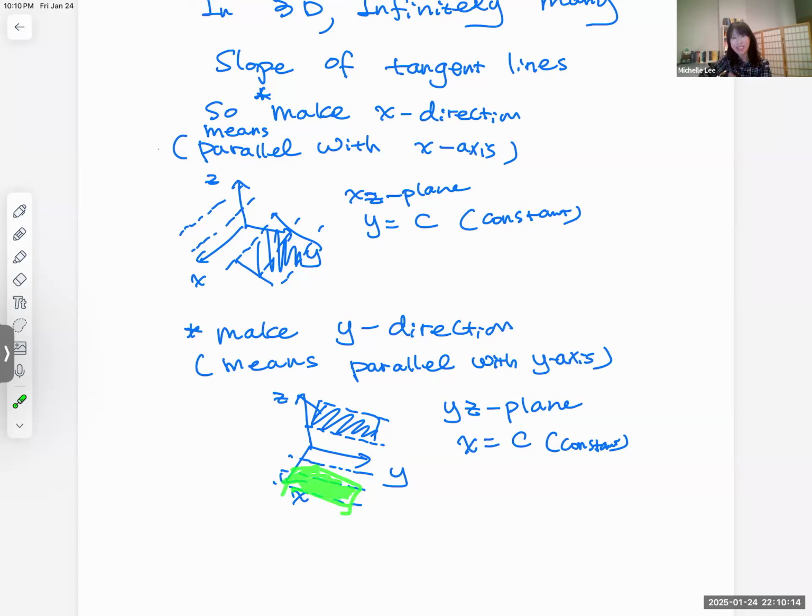Then we can express x equal to positive 5, right? Make sense? All right. Then we understand why we treat x as a constant, right? Because in this plane, we can express x equal to some constant. Is it clear to you?